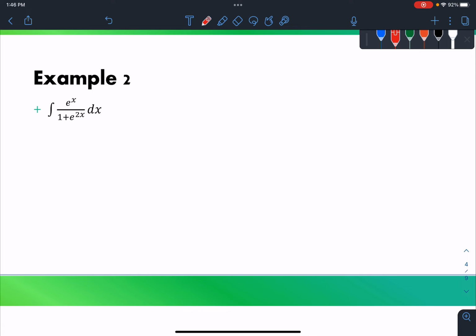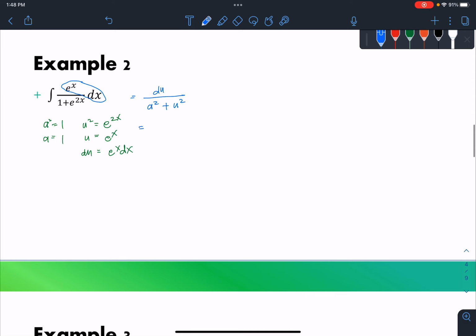And again, based on the formula, du over a squared plus u squared, this is the format for the arc tangent. So that is 1 over a arc tangent of u all over a plus c.